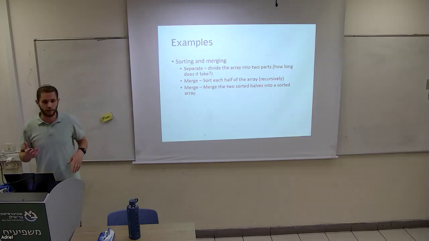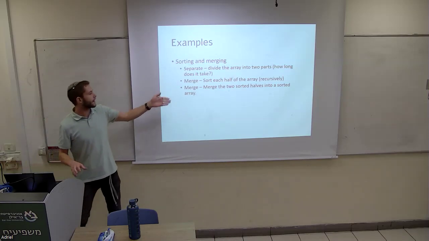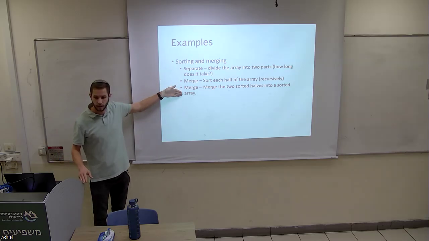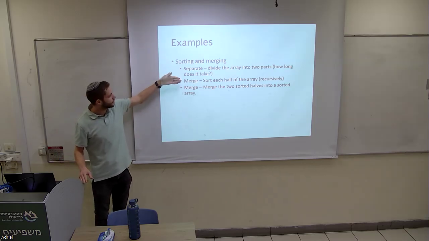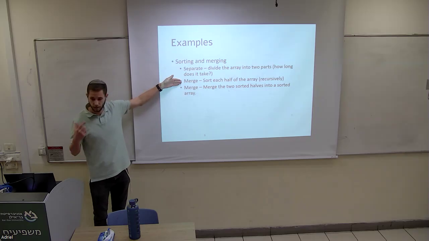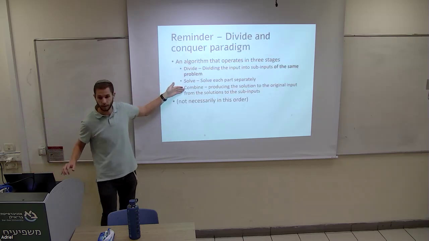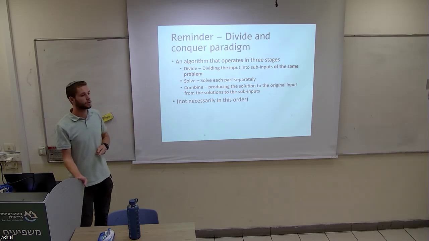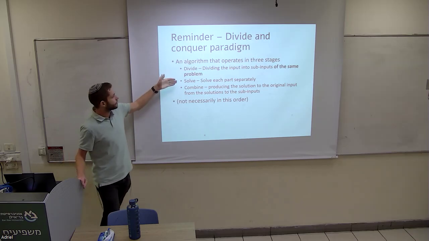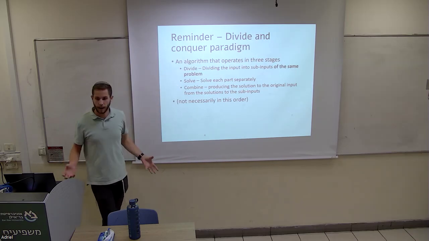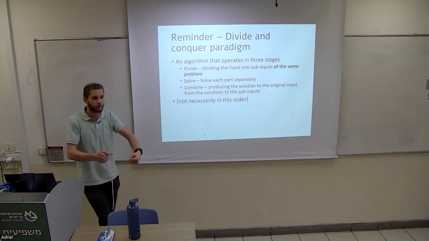This is a good example of divide, solve, and combine. So what were the three things? Divide, solve, and combine, right? So in merge sort, we first divide, and then we combine each solution, and only afterwards we solve, right?